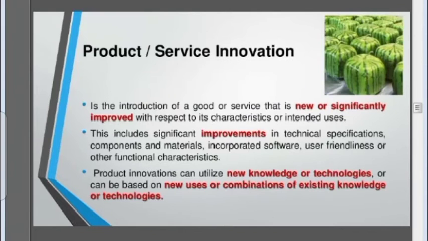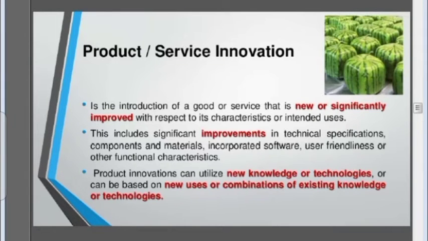Let us see the first: what is product or service innovation? It is the introduction of goods or services that are new or significantly improved with respect to their characteristics or intended uses.